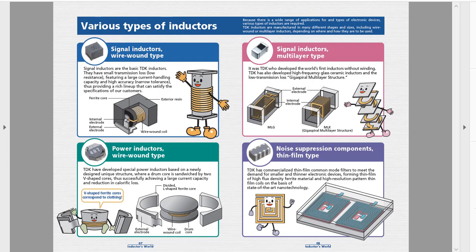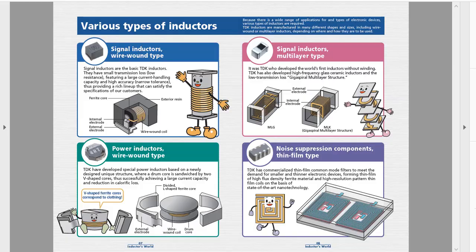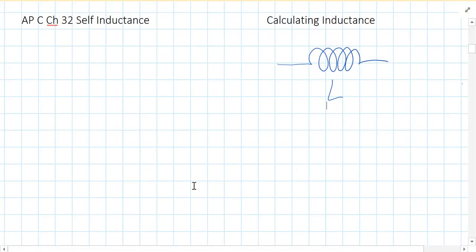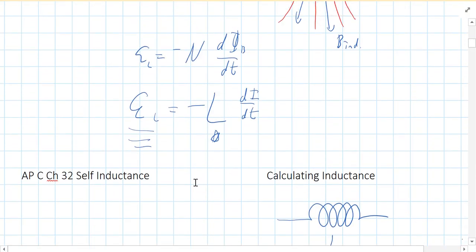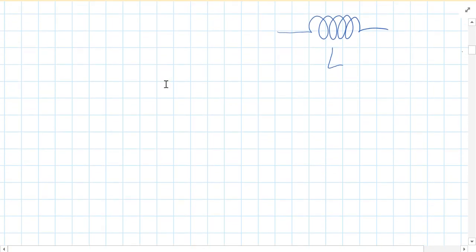Now, calculating inductance: how good is this inductor versus that inductor in these pictures? How do you calculate what the inductance is? All right, we had these two equations, and if you equate them, because both relate voltage, what do you do?